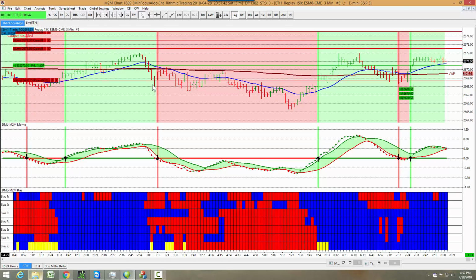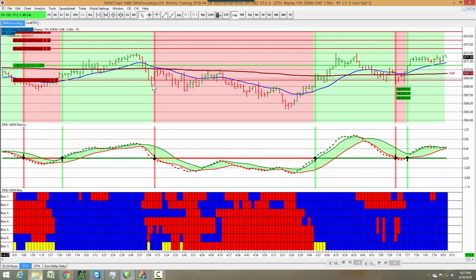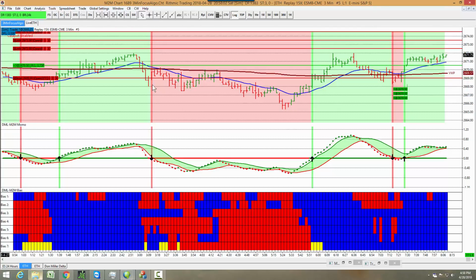A couple of things as well as we look at the bias grid. Bias row number 1, a lot of questions on that. That is cum delta. The delta chart that I often tweet and share is represented by the top bias line. Bias number 2 reflects momentum of the chart in which it resides, so in this case 3-minute momentum. Bias 3 is a higher time frame chart momentum. And then 4 through 7, it's really a mix.